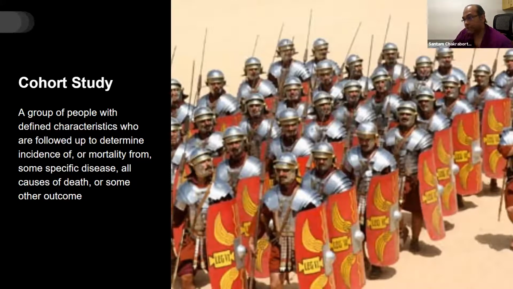The word cohort actually comes from the Roman military usage, and basically it was a system which identified where each person would be fighting at the time of the battle. So they would have organized groups with names and labels, so you would know for sure where exactly a single person was fighting at a particular time in a battlefield.